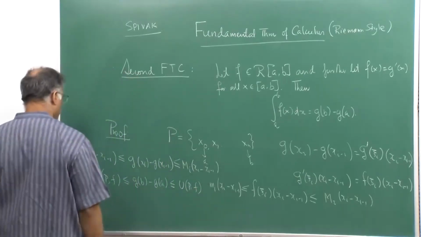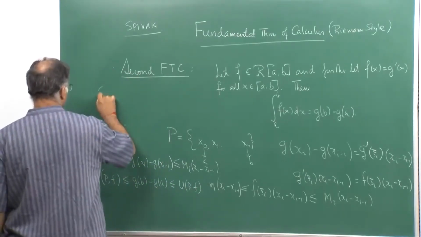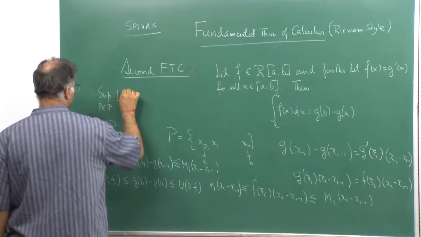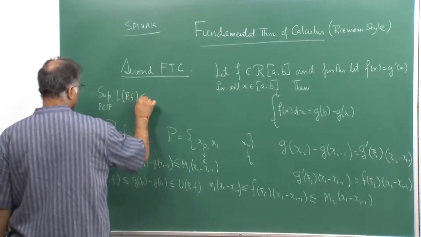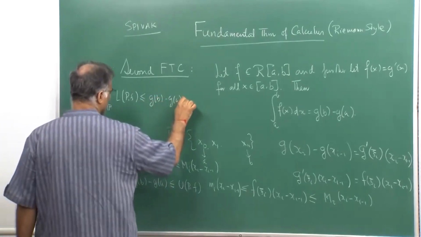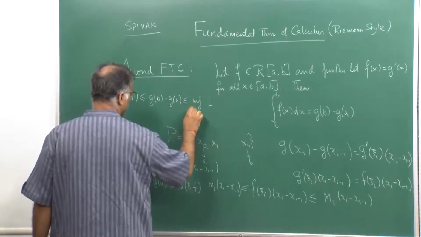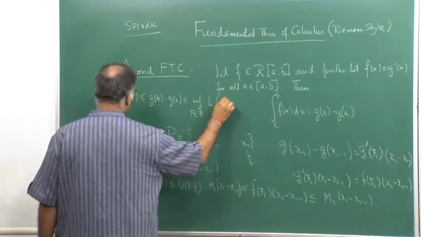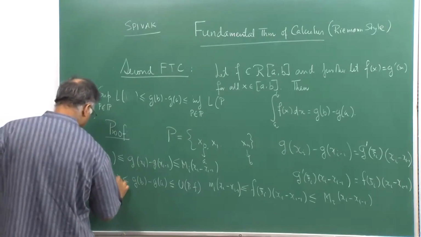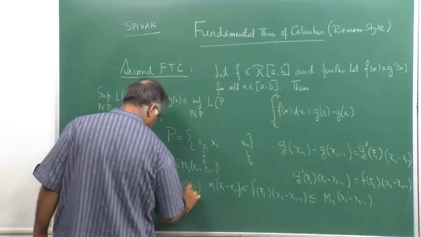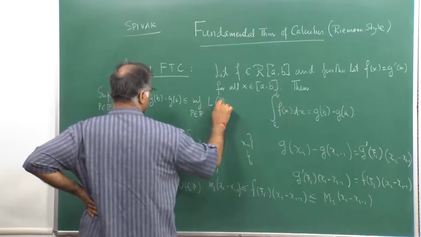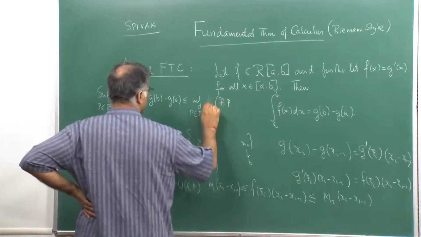So, this is true for any partition P. So, supremum over all partitions P of L(P,f) is less than or equal to G(B) minus G(A), less than or equal to the infimum over all partitions of U(P,f). Sorry, I was writing L(f,P) throughout following Spivak's notation, sorry, U(f,P).